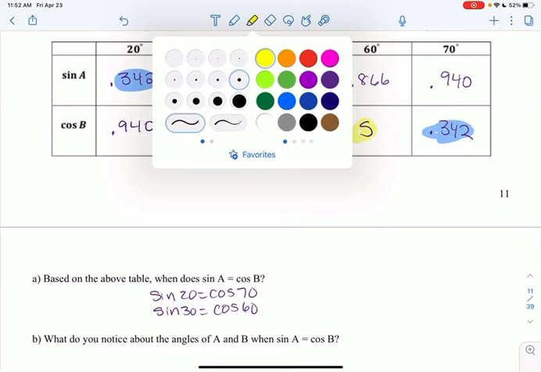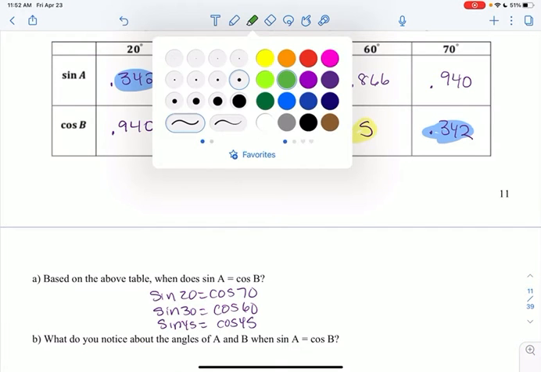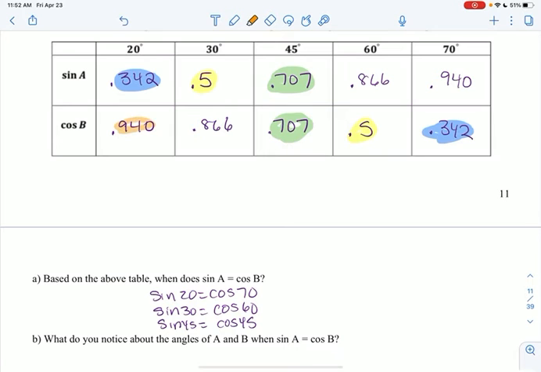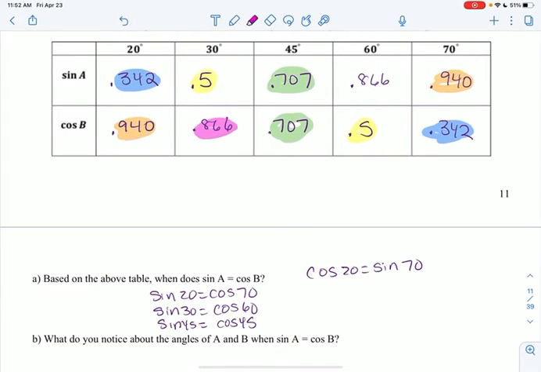The sine of 45 equals the cosine of 45. Okay, and the reverse is true also in that the cosine of 20 equals the sine of 70, and the cosine of 30 equals the sine of 60.